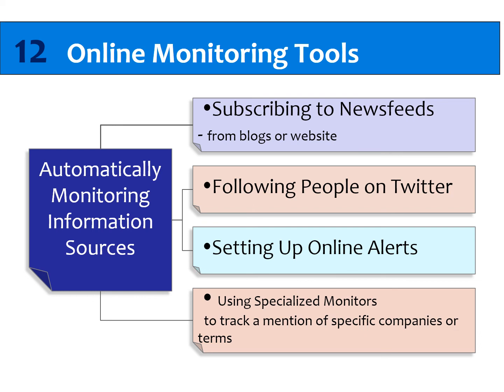The next one is setting up online alerts. This is basically to track a mention of specific companies or terms. For example, you want to keep track of the mention of a company called, let's say, Adidas.